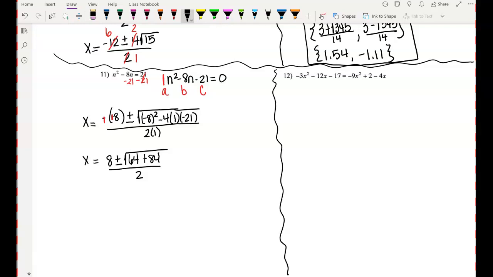All divided by 2. So x equals 8 plus or minus the square root of 148 divided by 2. So I need to see if I can simplify the square root of 148.